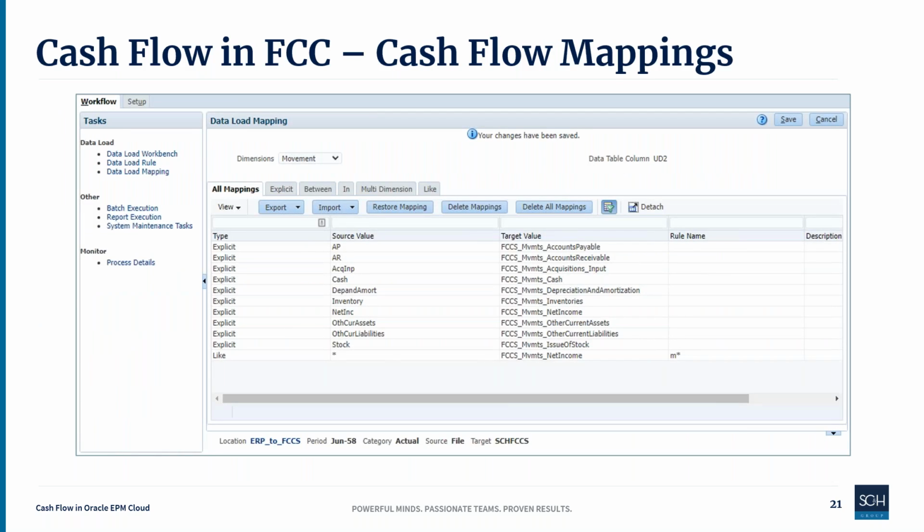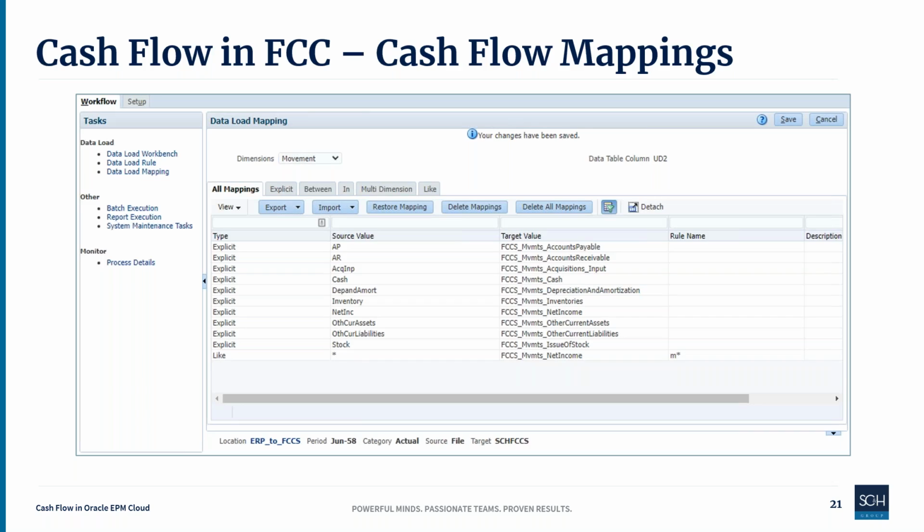We can see here, this is sort of a generic mapping of movement data into an FCC application. You can see here my source values are going to be GL accounts, and my target value is going to be our movements here. You can see all of our movements are going to start with FCCS_movements.